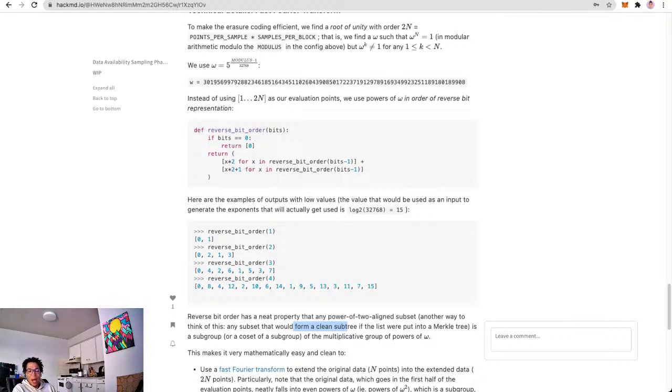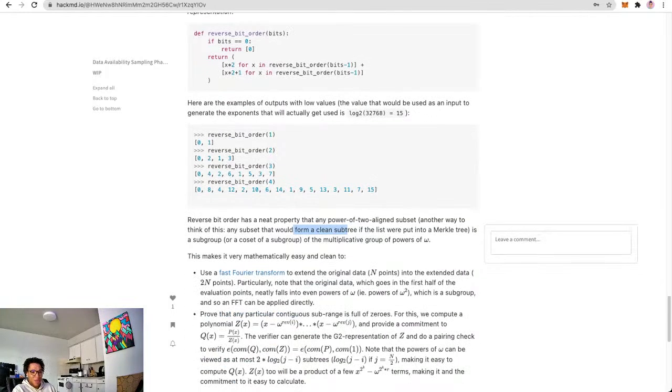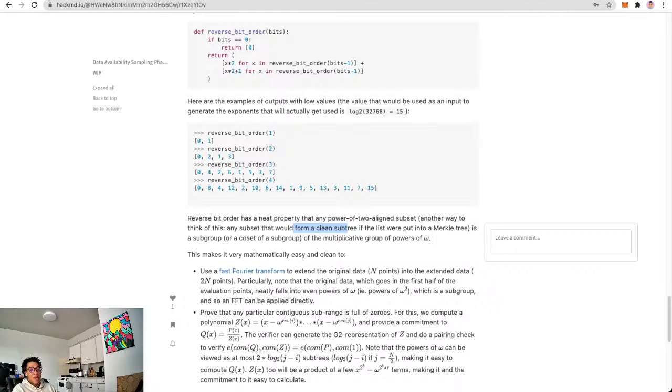I sort of understand why that's efficient and why that is helpful. This makes it very mathematically clean to use a fast Fourier transform to extend the original data at n points into the extended data, 2n points. You're taking the data you need to verify and creating 2n points so that nodes can sample from those points, and then you only need 50% or whatever of them, okay?